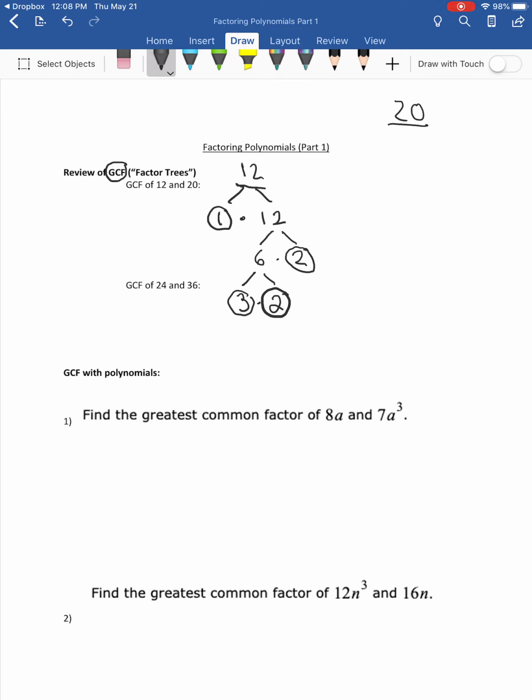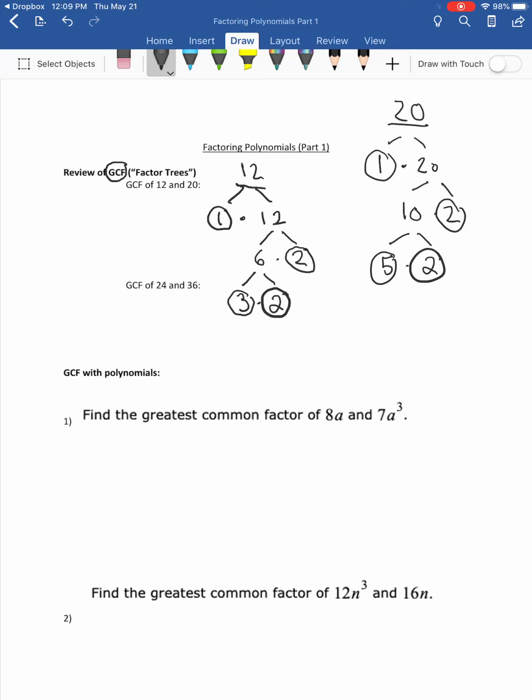So 20, I'm going to go 1 times 20. 1 is a prime. 20, I'm going to go 10 times 2. All right. 2 is a prime. I'm going to circle that. 10 is 5 and 2. Both of those are primes. And we're done. We can't go any further.